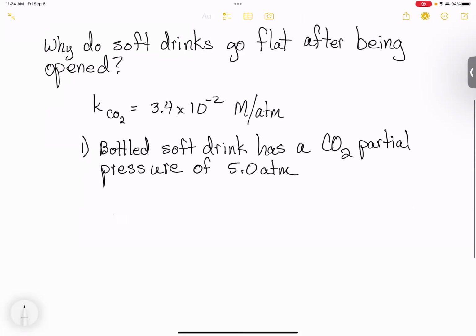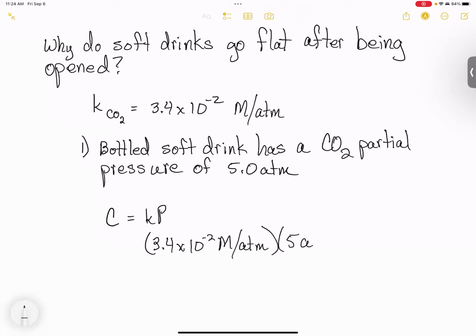That means that the concentration of CO2 when it is bottled is equal to Henry's law constant times the pressure. The constant is 3.4 times 10 to the minus 2 molar per atmosphere times 5 atmospheres, or in other words, the concentration when it is bottled is 0.17 molar.